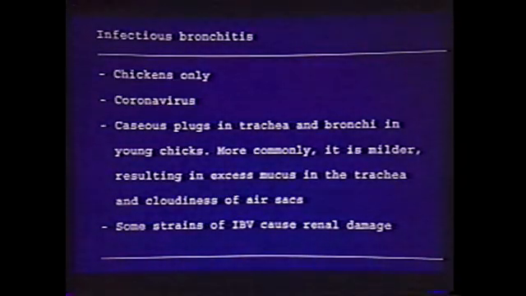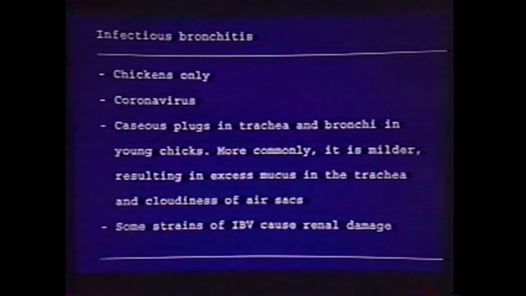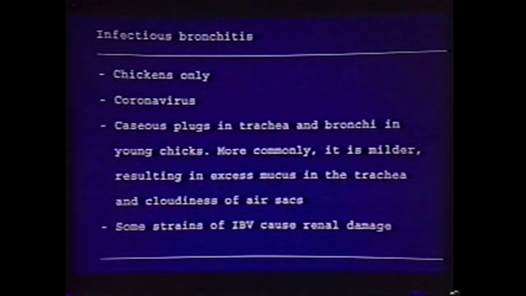Infectious bronchitis is caused by coronavirus. As we saw, there were caseous plugs in the trachea. Some strains of infectious bronchitis virus will hit the kidneys and cause damage, nephritis syndrome. Some of them also cause damage to the oviduct, and we will see these lesions as I go along.